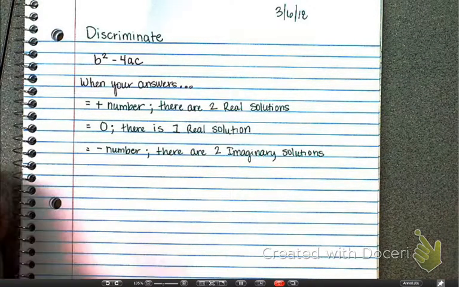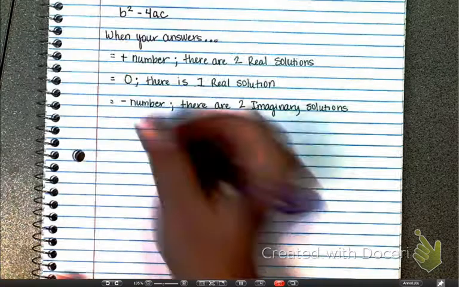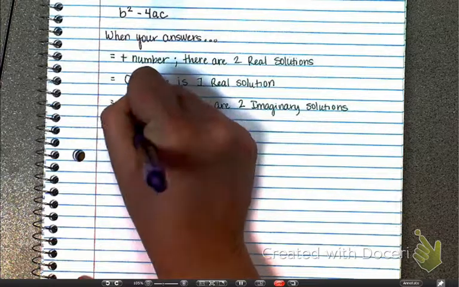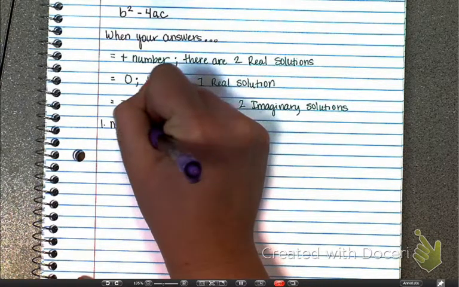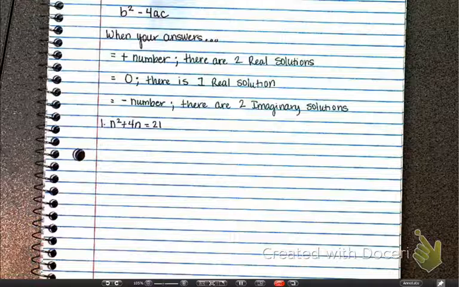Okay? So let's start with n squared plus 4n equals 21. Just like with the quadratic formula, we need to make sure that our equation's in standard form so we can identify A, B, and C. So what should I start with?